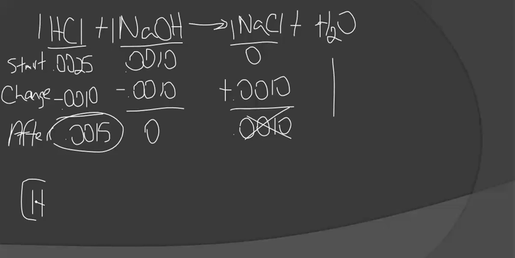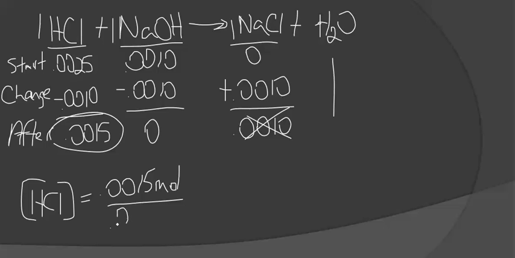To get the concentration of the acid, we're going to take the moles, which is what we have right now, divided by the total volume. Now the total volume, we had 25 mL of acid and 10 mL of base, so 35 mL, so 0.035 liters. So the concentration of acid, 0.043 molar.